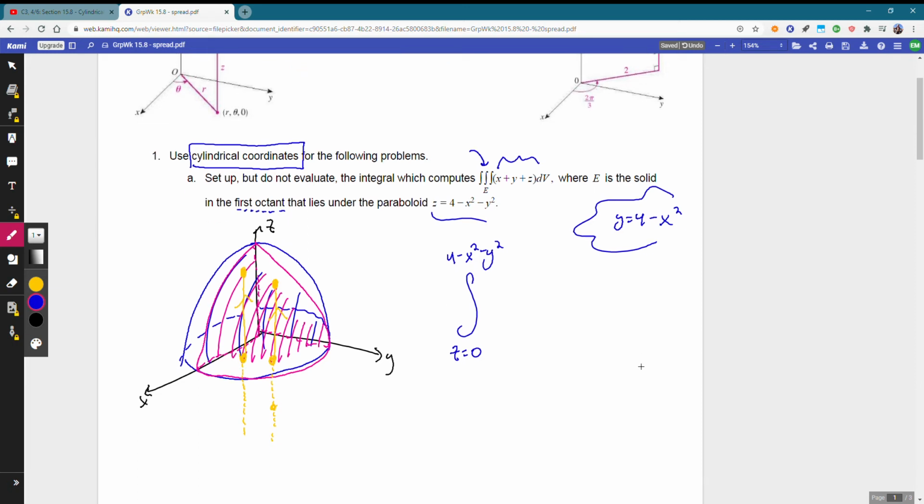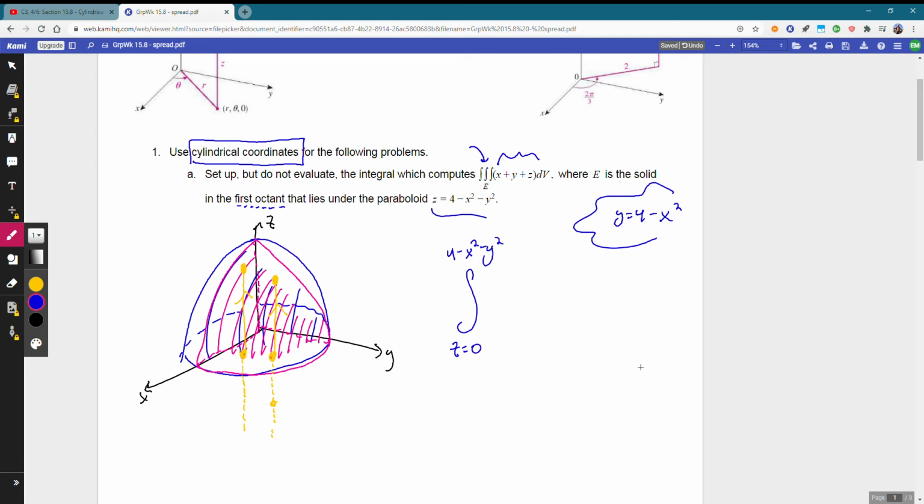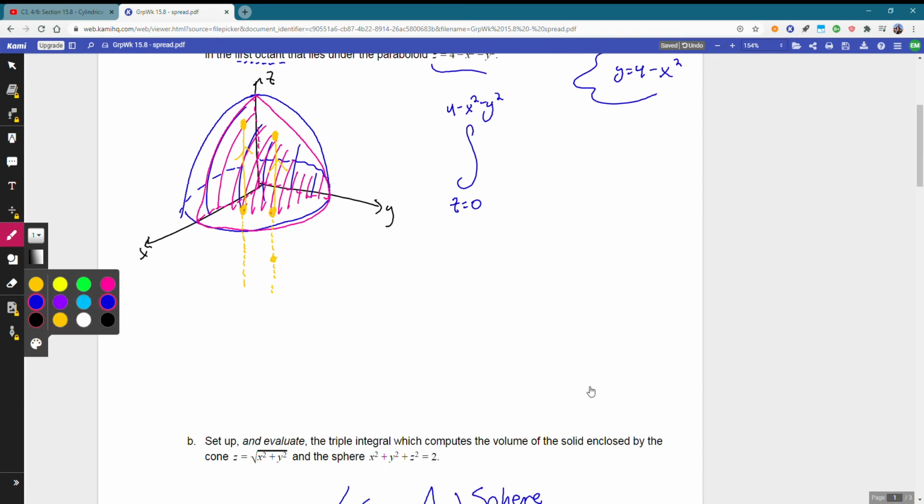Our next question is, for what xy's do we do this for? In other words, what's the shadow of our quarter paraboloid chunk here? And so that shadow is going to live in the xy plane.